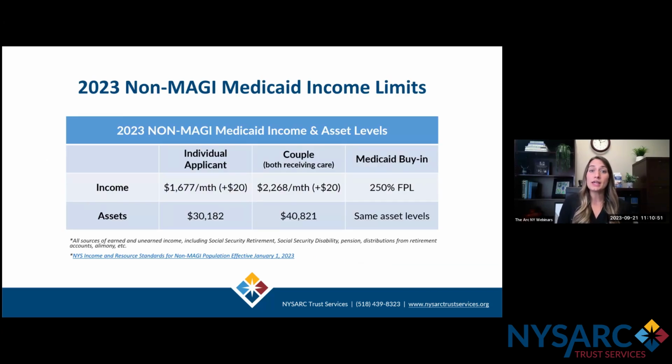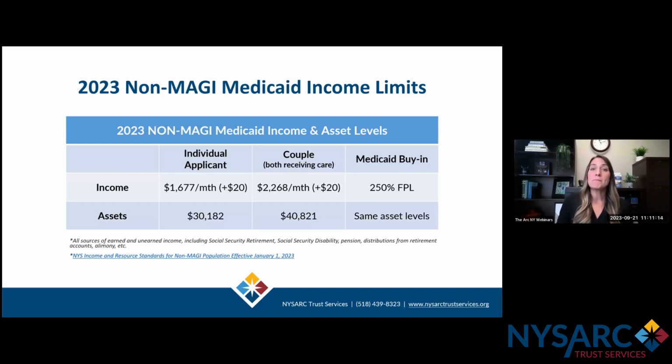And in 2023, if you're just getting Medicaid, you also have income limits on a monthly basis. For a single individual, your income must be below $1,697 a month in order to qualify financially for Medicaid services. And again, this is waiver programs, long-term care services.